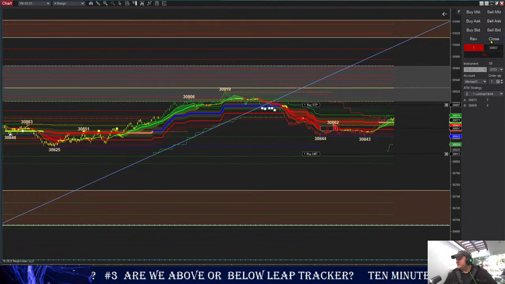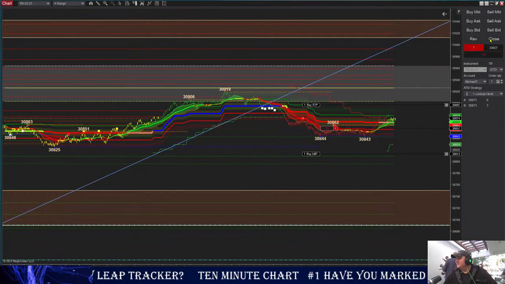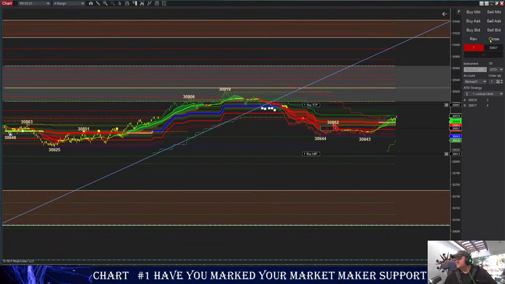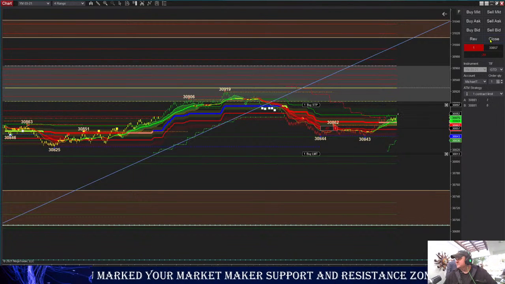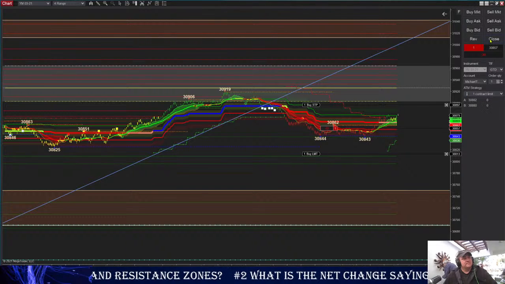So that's 10:51, 11 o'clock time coming in. What my volumetric says: Delta is still creeping up a little bit.